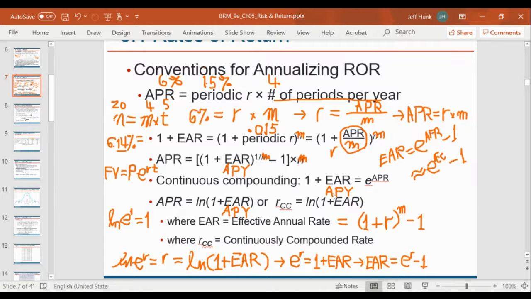Another critical point we have to understand here is that in reality, when you are dealing with stocks, the growth rate of the stock has to be continuous growth.